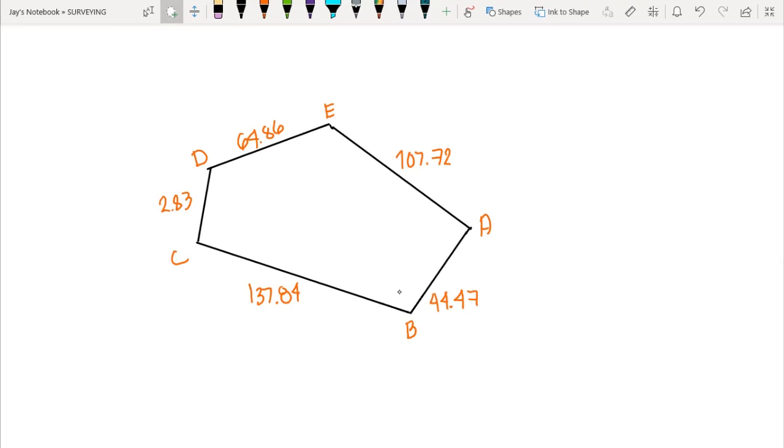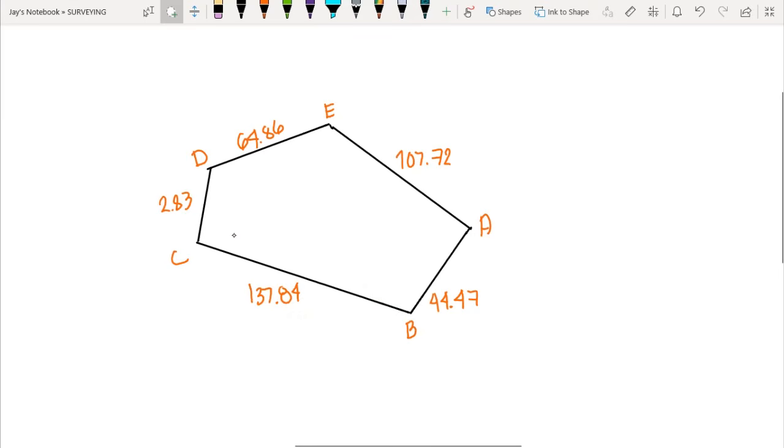If you want to draw the lot using the data given, this should be the position in which we have 5 points here. We have point A to point B from the data, that is 44.47 meters, and the direction from A to B is southwest. Then we have line B to C, the distance is 137.84 and the direction is northeast.